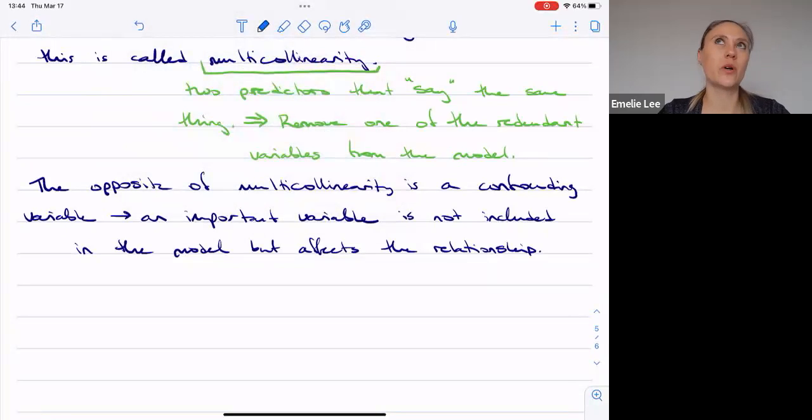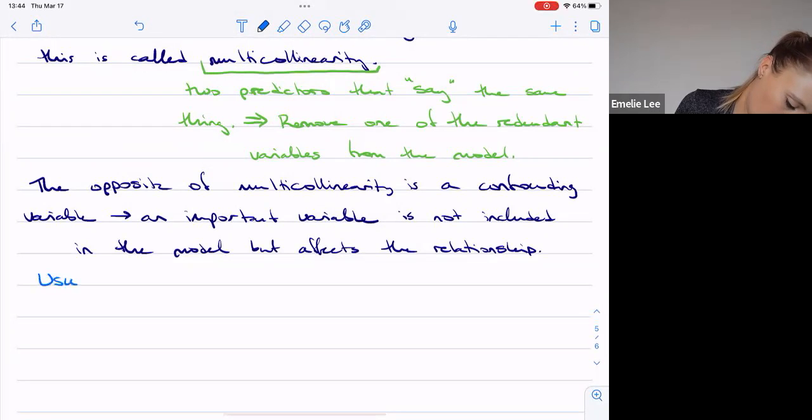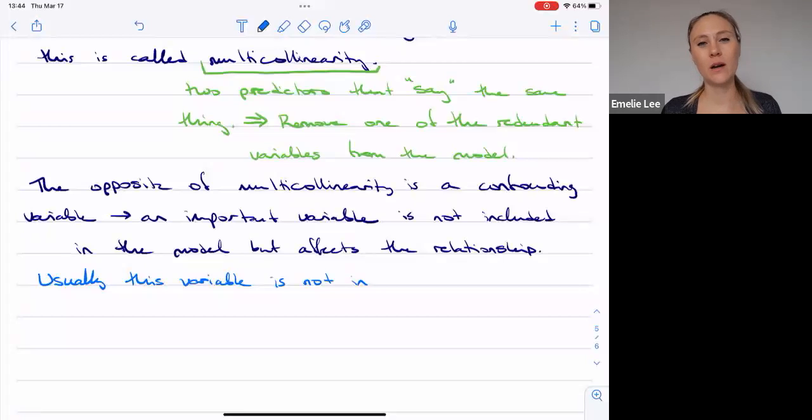So if you can generate it, then you should. But you can also try to find something as a substitute, right? And so usually this variable is not included in the data, because if it were, you would just include it in your model and it would be fine, right?